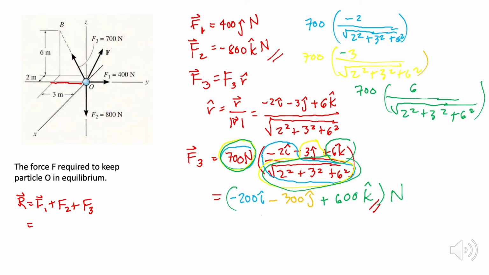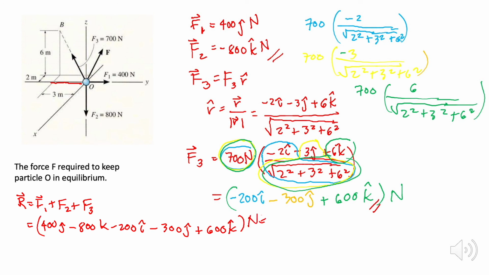So that's 400 j hat, and for F2 negative 800 k hat, plus this F3, minus 200 i hat, minus 300 j hat plus 600 k hat newtons.